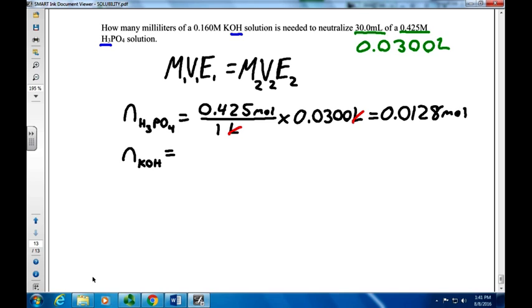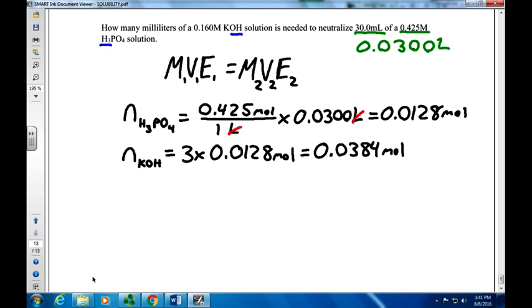So we're going to take 3 times the 0.0128 moles. The reason for this is because you're going to need 3 times the amount of KOH to neutralize your H3PO4. So when you do the arithmetic out, you end up with 0.0384 moles.